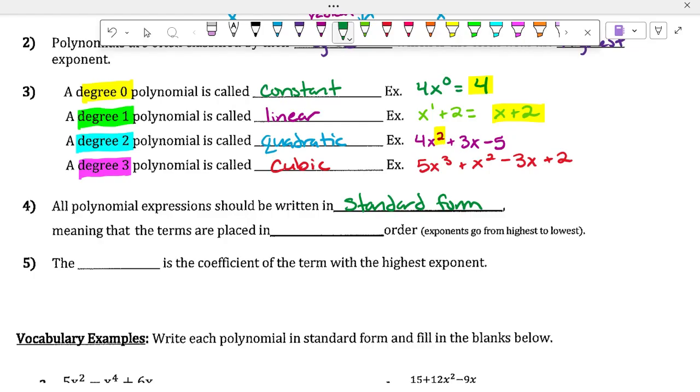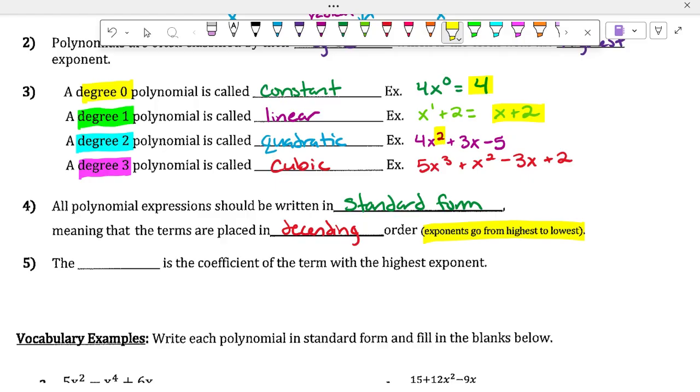The terms are in order from highest to lowest exponent. All right. Meaning that the terms are placed in descending order. So exponents go from highest to lowest. All right. Not talking about the coefficients, I'm talking about the exponents.